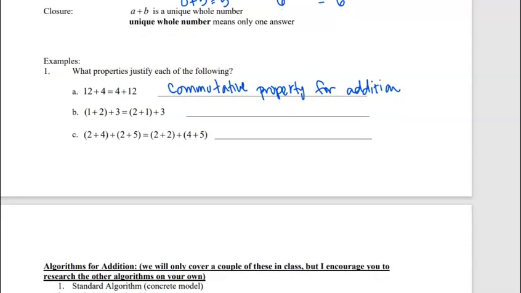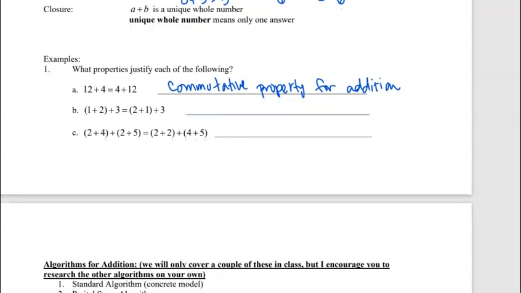On the next problem, a lot of people would miss part B because they're noticing parentheses, but what happens on part B is that the grouping of the numbers doesn't change. What changes here is the order of this first parentheses. What is in the parentheses specifically does not change.